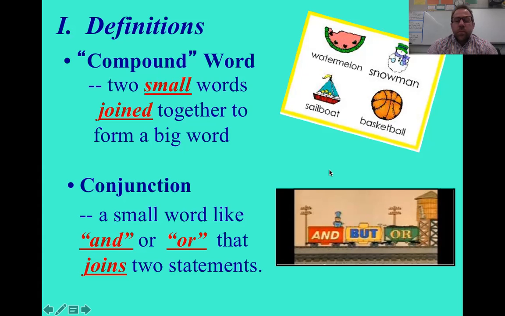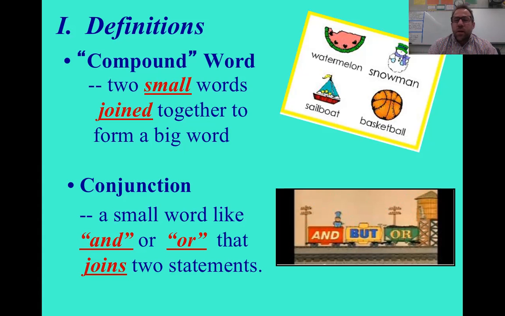So for example, a conjunction, the word and joins two ideas together. So I might say to you, you are watching this lesson right now and you are eating lunch. So I took two ideas, watching the lesson and eating lunch, and I put those together.